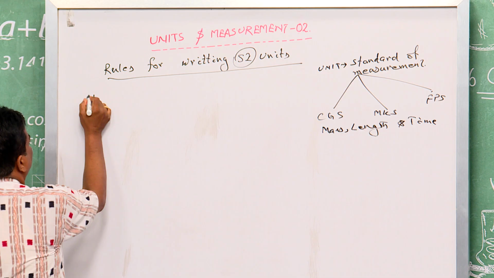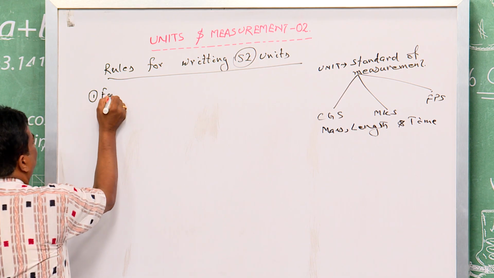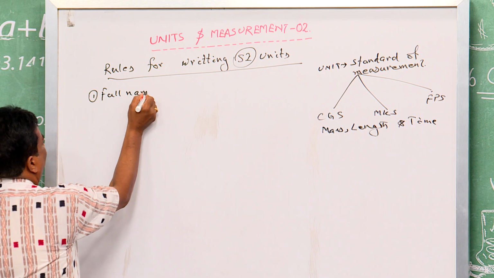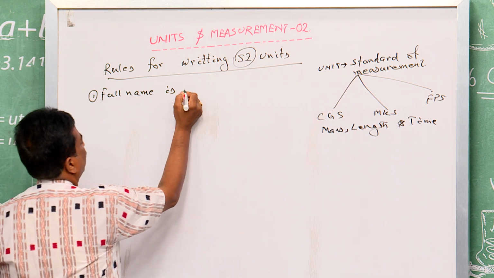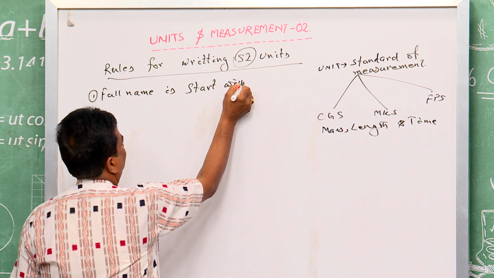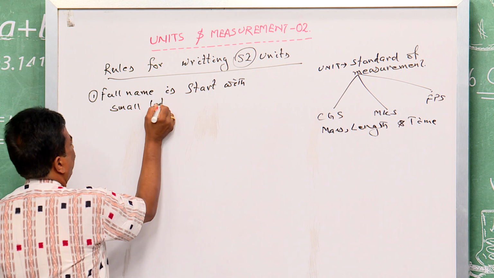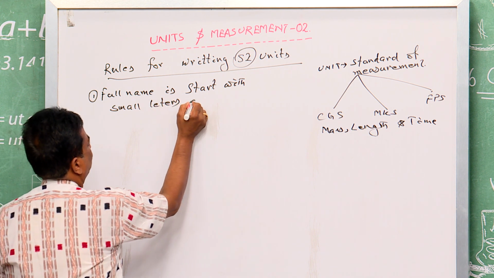So, the first rule is that if the name of a person is given to a unit, the full name starts with a small letter.